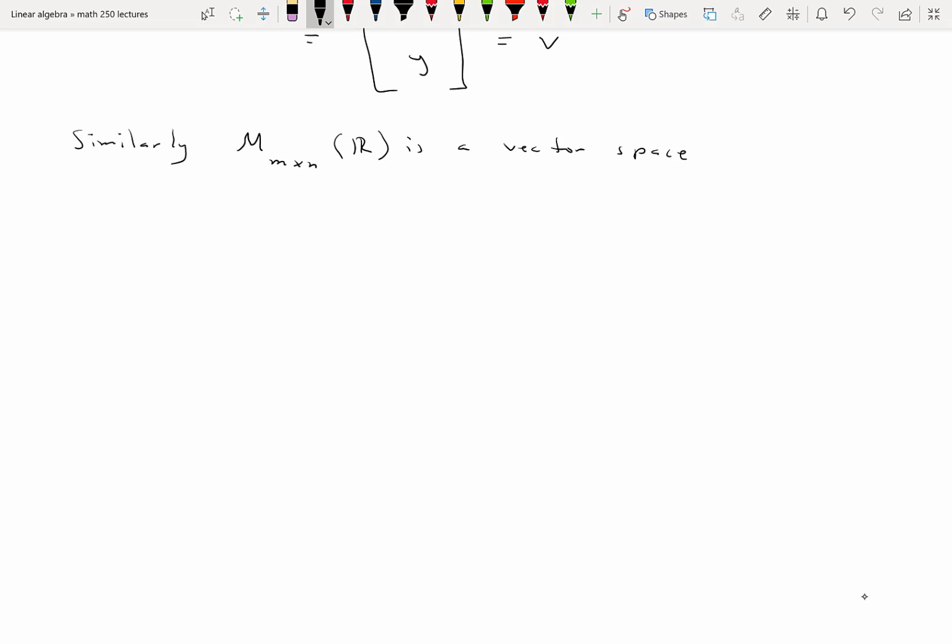Also, F(a,b). Now this notation doesn't mean the function of two variables a and b. F(a,b) is the set of all real valued functions defined on the open interval (a,b). This is the set of all real valued functions, like y equals x squared, y equals sine of x, y equals log of x.